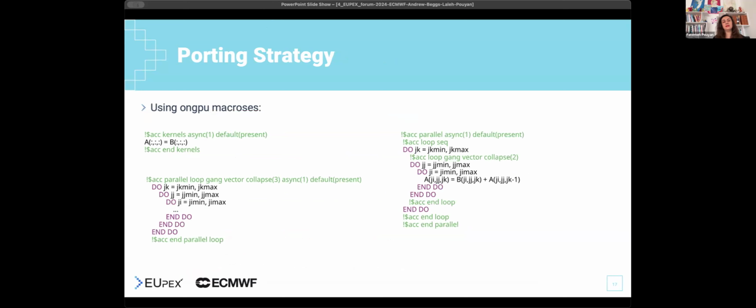We use on-GPU ACC kernels and on-GPU ACC parallel loop gang vector, as you can see at the bottom of the slide. And on the right-hand side you can see how we manage the dependency for the nested loop. As you can see, we use ACC loop seq for the outermost loop here, because there is some dependency for JK, and we just parallelize the two innermost loops here.